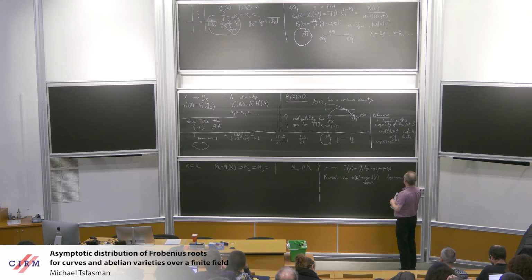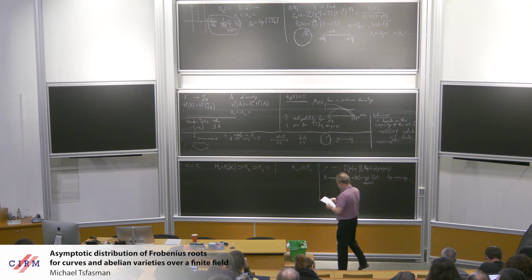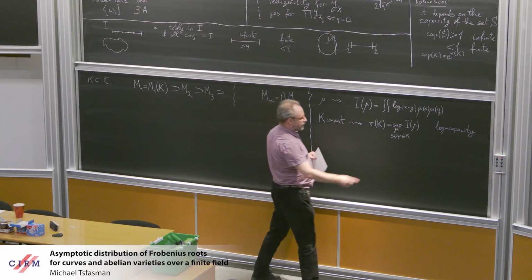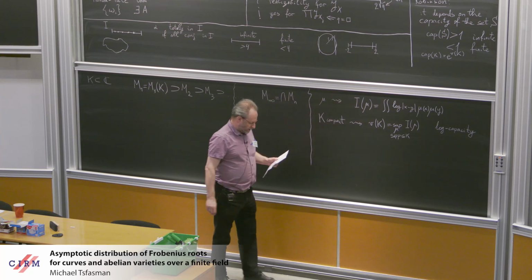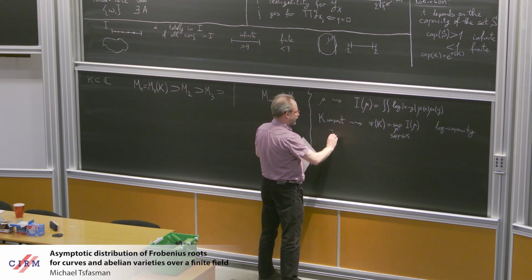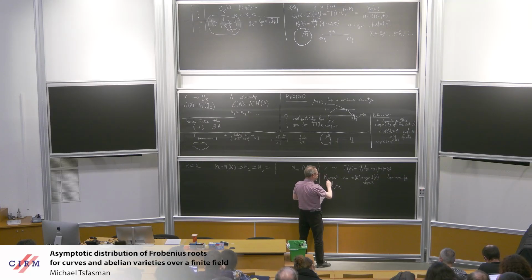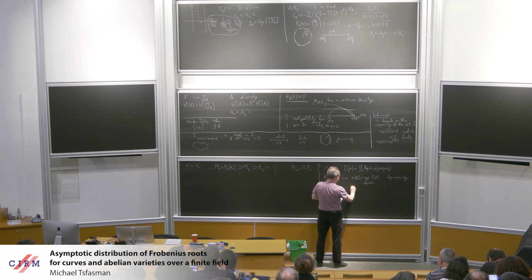I'll work in terms of log capacity, and therefore, instead of capacity greater than 1, I should write V of K greater than 0. And now what we know is that this supremum is realizable, in the sense that there exists a unique measure mu K corresponding to K, such that I of mu K equals this supremum.